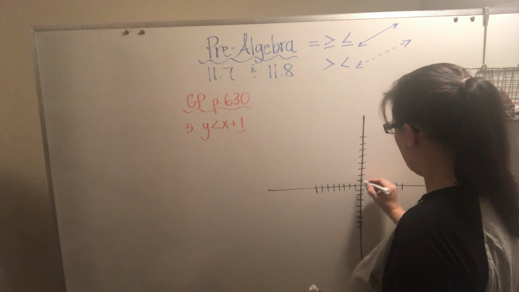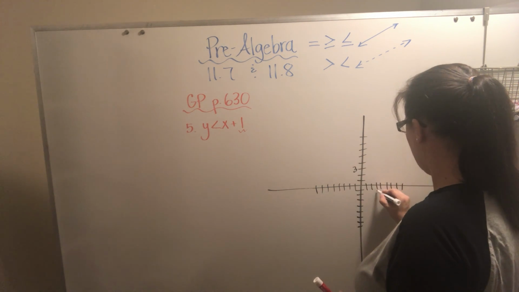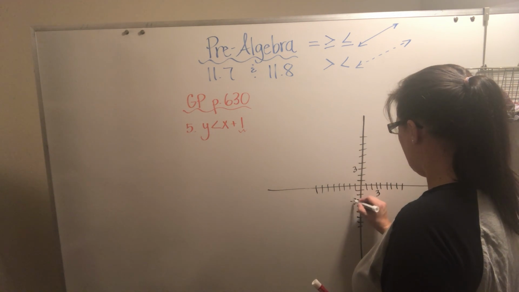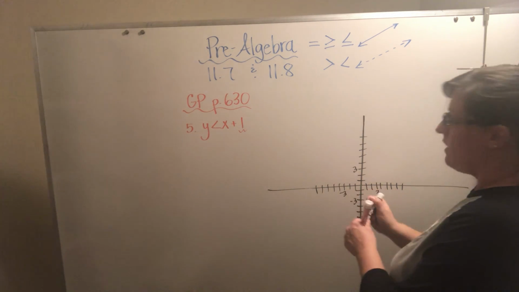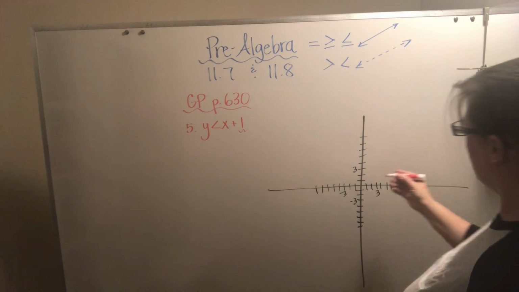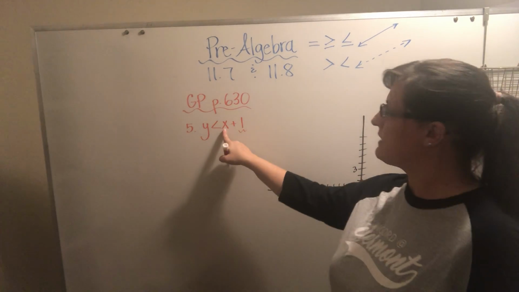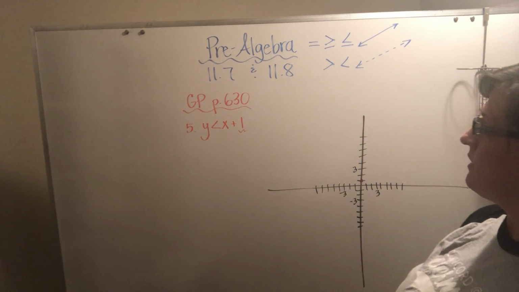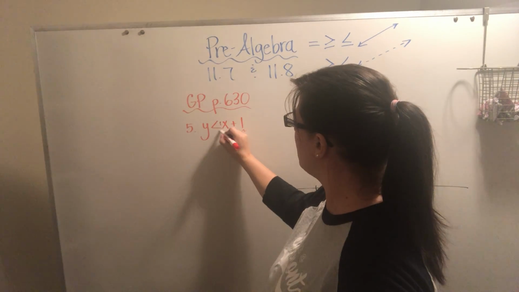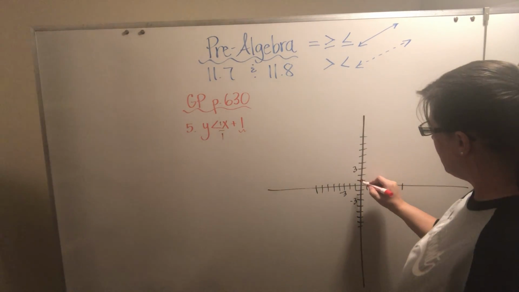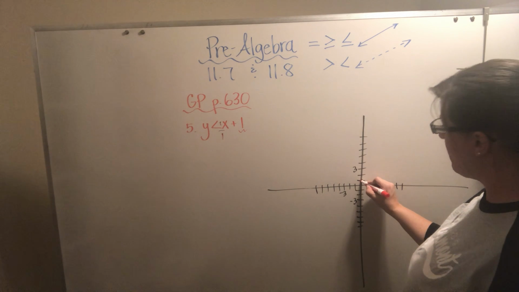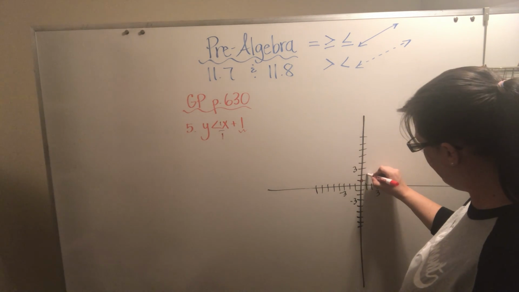Just to give me a gauge, I'm going to put 3 on mine. Crosses the y-axis at 1. Here's my point, 1. What's my slope? What's my number in front of x? Hopefully you're like, oh, Ms. Winfrey, that's 1. I'm up 1 over 1. So here I go back to where I hit the y-intercept, up 1 over 1.